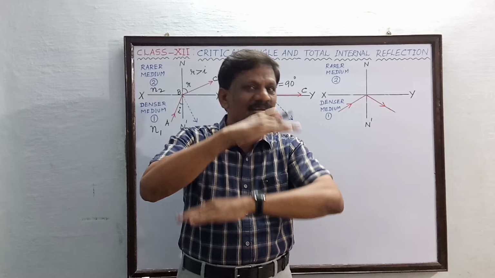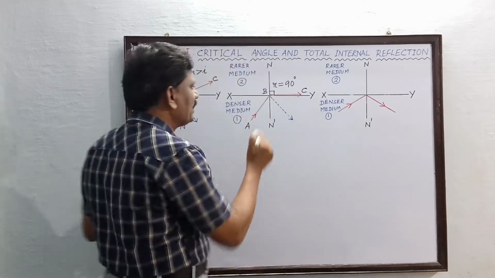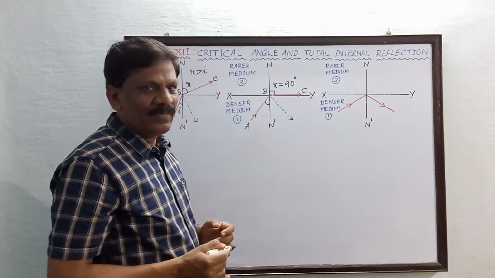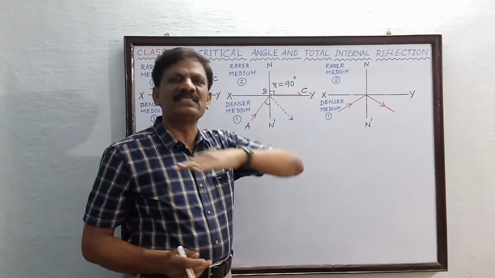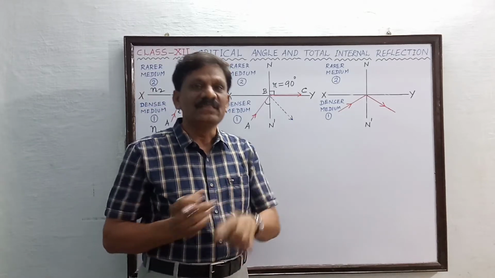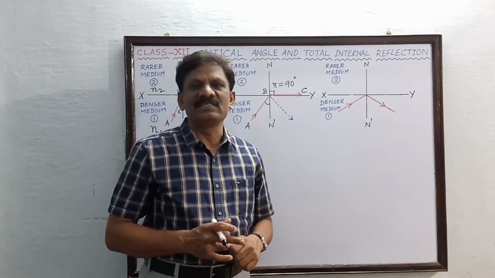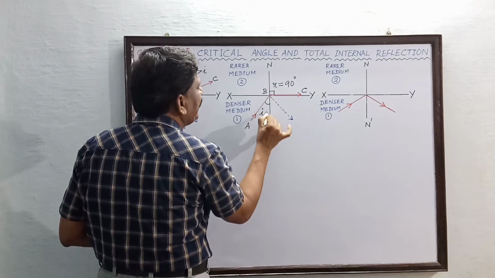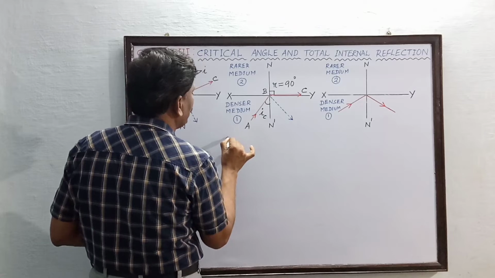So for a particular angle of incidence, the angle of refraction is 90 degree and the refracted ray just grazes the surface of separation between the two media. This particular angle of incidence is called the critical angle. I am going to write this as I critical. IC is called the critical angle.